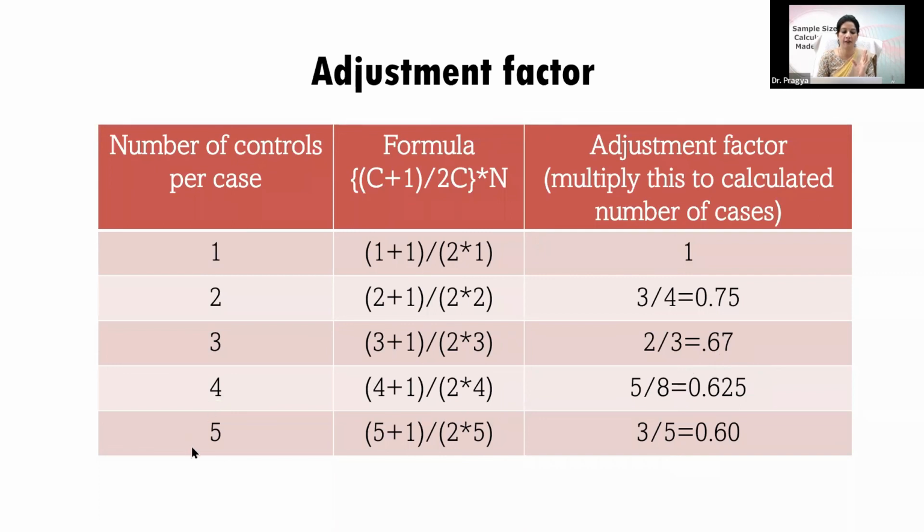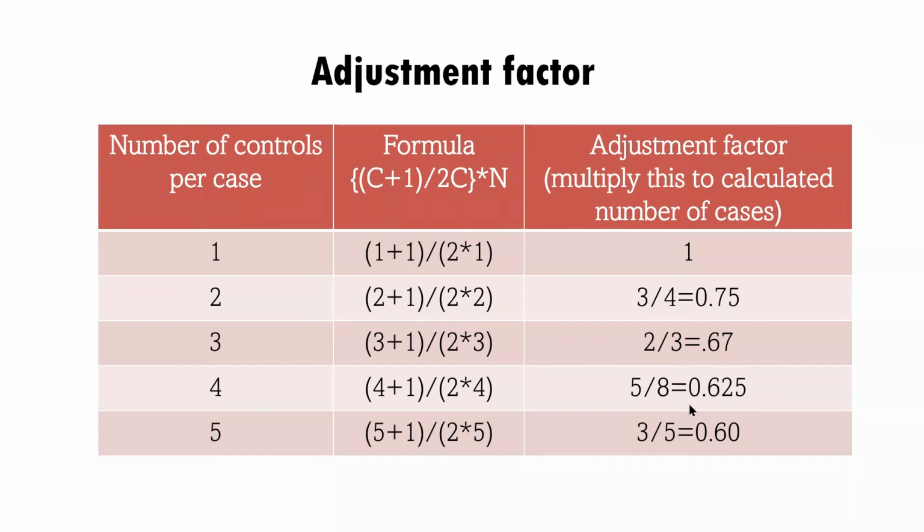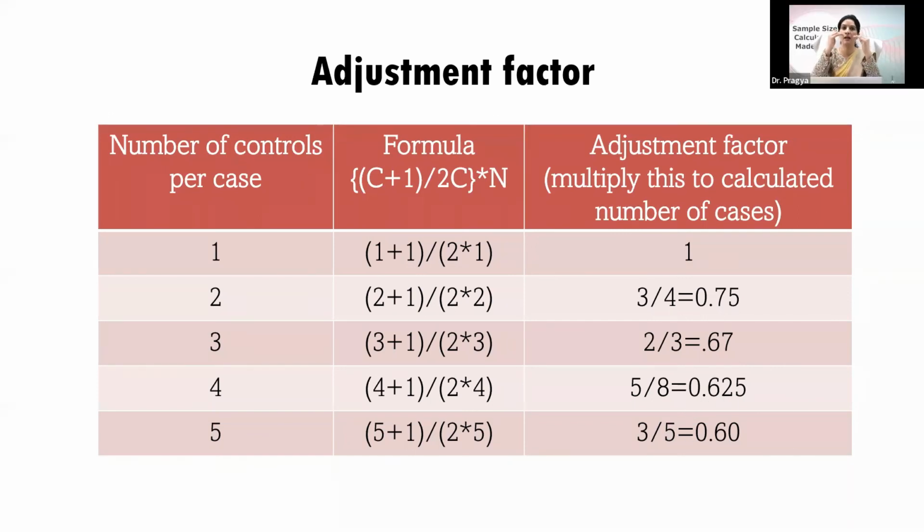If you take 5 controls for one case, you can reduce the number of cases to 60%. That's why the adjustment factor. These fractions you calculate by what is available divided by what is required. Okay, ma'am. Thank you, ma'am. Okay, welcome.